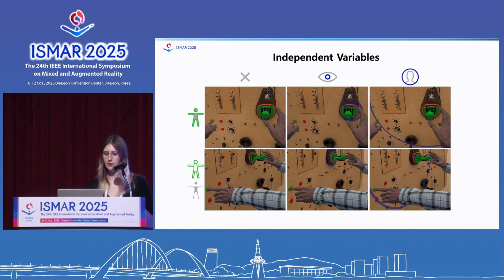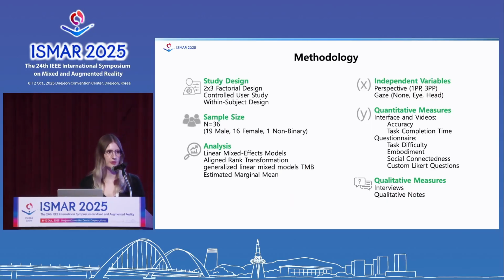And so our independent variables were the first-person perspective, as you can see here, and also the third-person perspective, where you stand beside the instructor, and also we added no gaze cues, eye gaze cues, or head gaze cues, depending on the condition. This led to a 2x3 study design in a controlled user study setting, and it was a within-subject design.